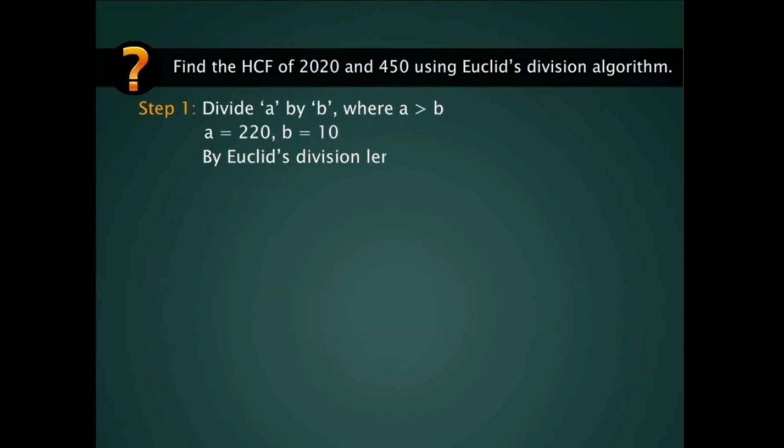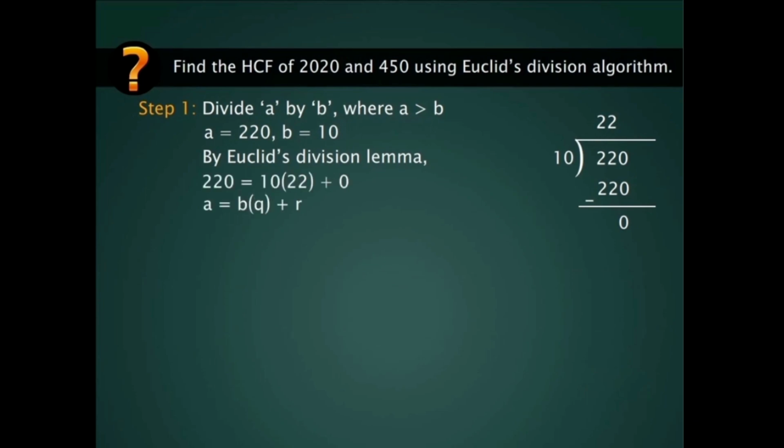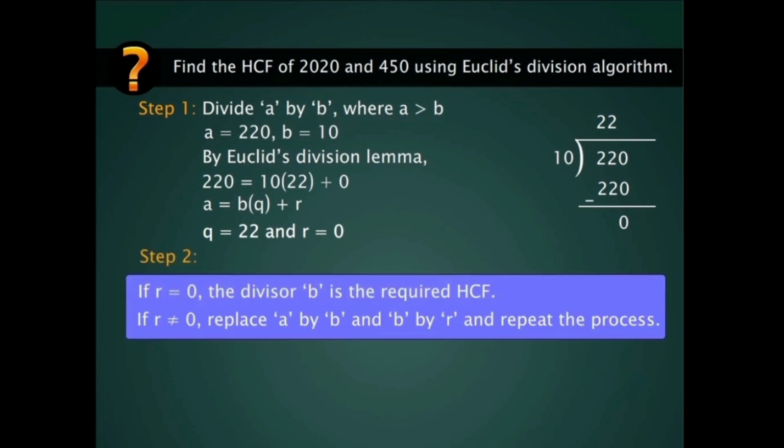By applying Euclid's division lemma one more time, we find that there exist q and r such that A is equal to B times q plus r. Since r is equal to 0, stop the process, and the divisor B equals 10 is the required HCF.